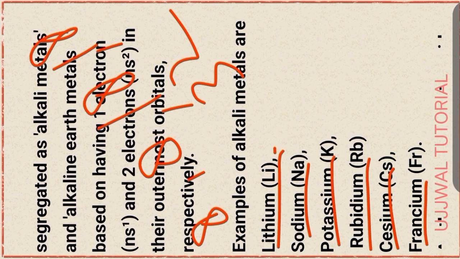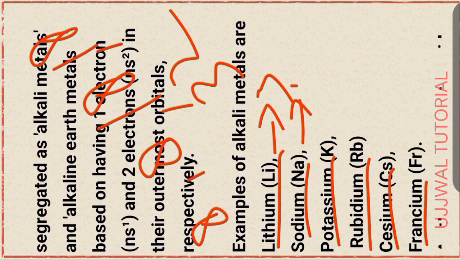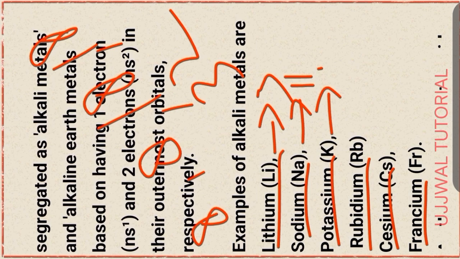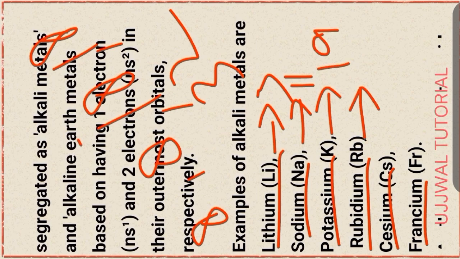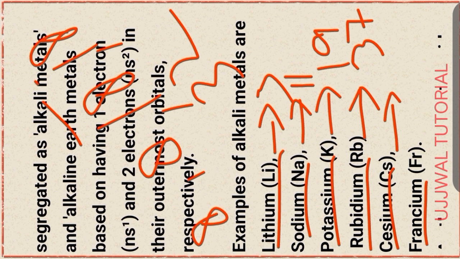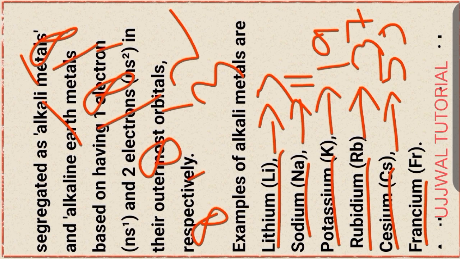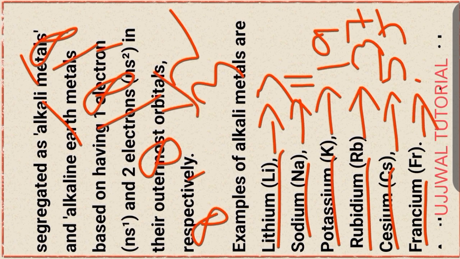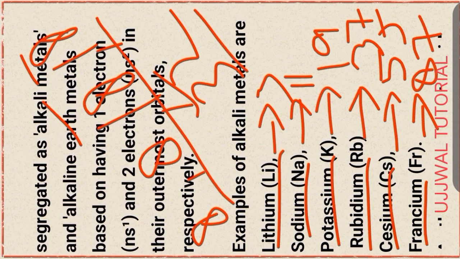Lithium atomic number 3, adding 8, atomic number of sodium 11, adding 8, atomic number of potassium 19, adding 18, atomic number of rubidium 37, adding 18, atomic number of cesium 55, adding 32, atomic number of francium 87. Okay, follow the pattern 8, 8, 18, 18, 32.